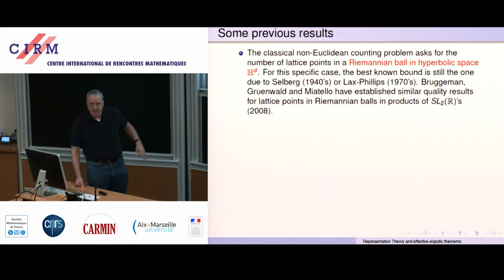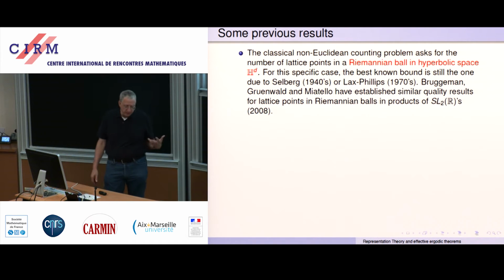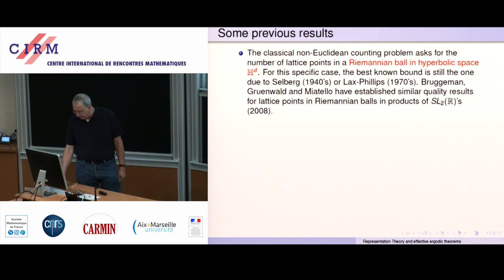This is the best result in the first case for SO(n,1), and in the second case for products of SL2s. But the real rank 1 case, or even I would say the hyperbolic case, plays a very significant role in this.